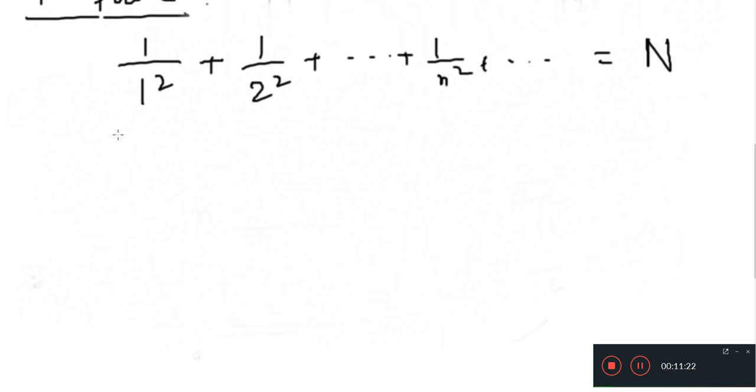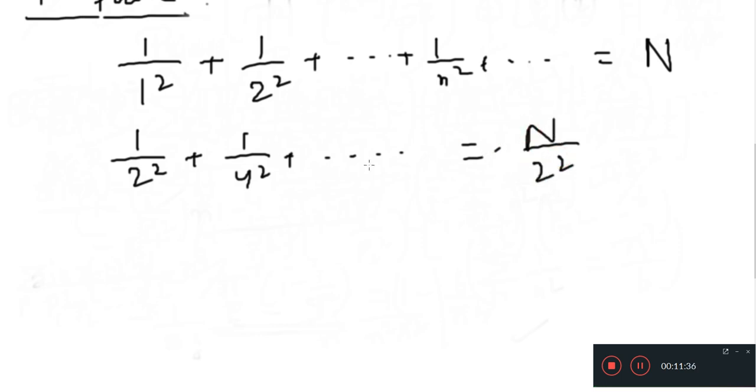So multiply out by 2. Do one thing, multiply out by 2: 1 by 2 square, 1 by 4 square, and all the way up to infinity. You multiply out by 2 square on both sides, n by 2 square.